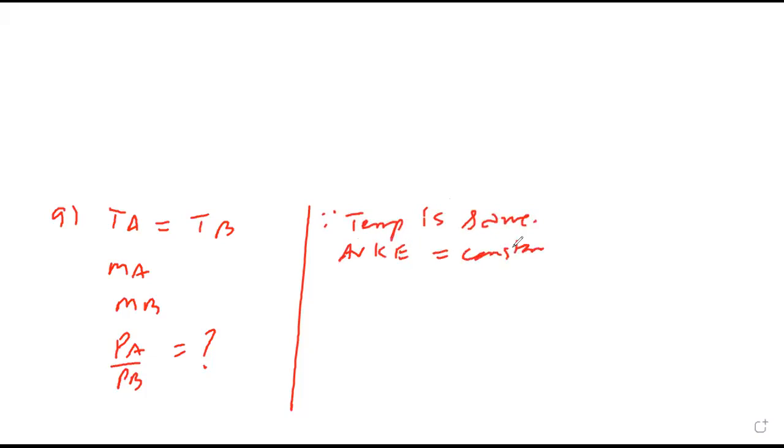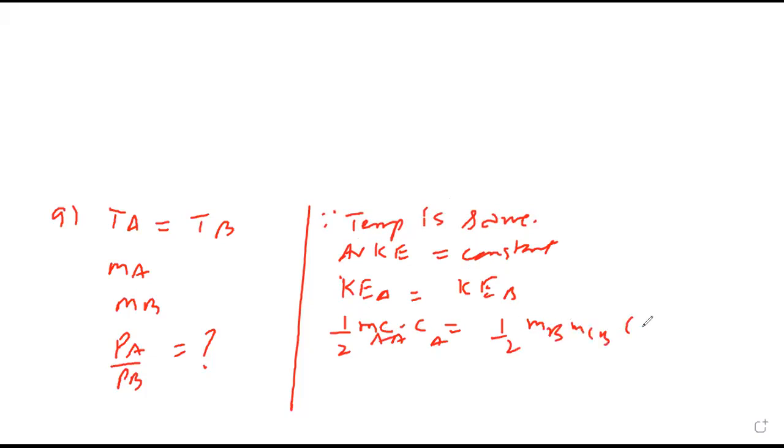Okay. Yes, sir. That means kinetic energy of A is same as kinetic energy of B. So half M into C square equal to half M into C square of A, half MB CB into CB.